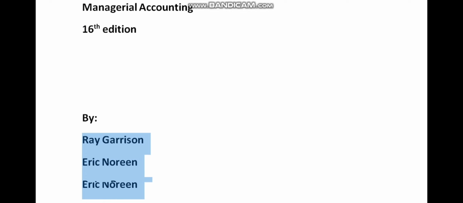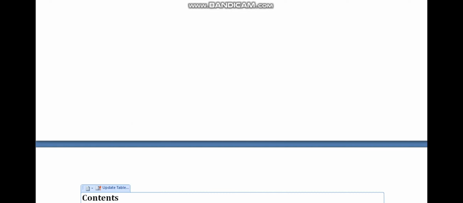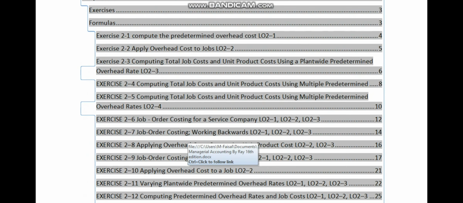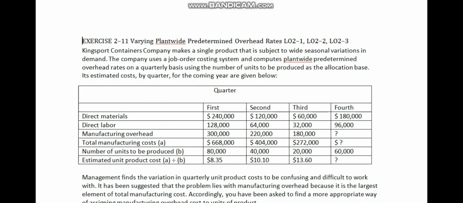I'm going to solve a job order costing question from the book Managerial Accounting, 16th edition by Ray Garrison, Eric Noreen and Peter Brewer. I'm going to solve exercise 2-11 from chapter 2. This exercise has quarters.